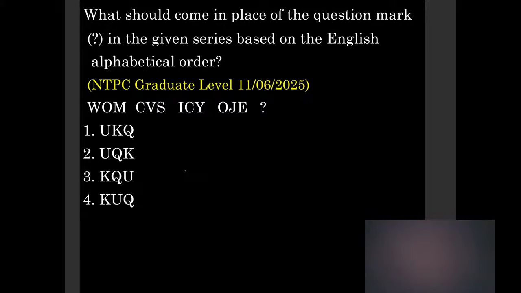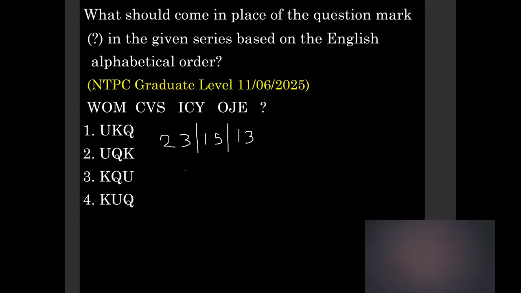Okay, again here you can take the number of each alphabet. So first let us take numbers. W value is 23. Next, O value is 15. Next, M value is 13.